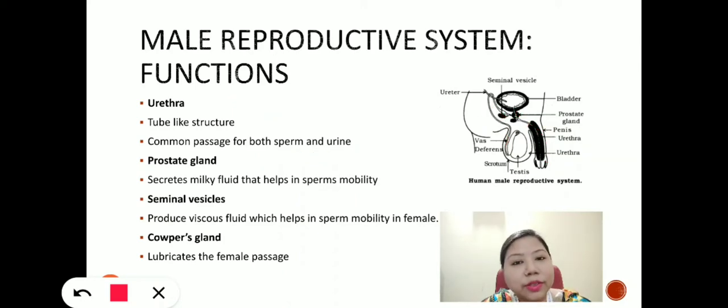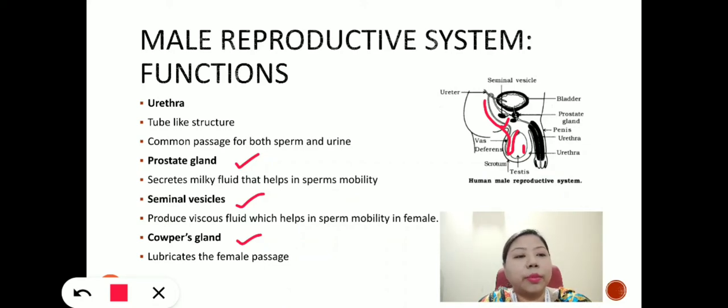The male reproductive system also has some glands. The glands are the prostate gland, the seminal vesicle, and the Cowper's gland. The prostate gland is present on the way towards the urethra. As the sperm is produced in the testes, it moves out through the epididymis and passes through the vas deferens.